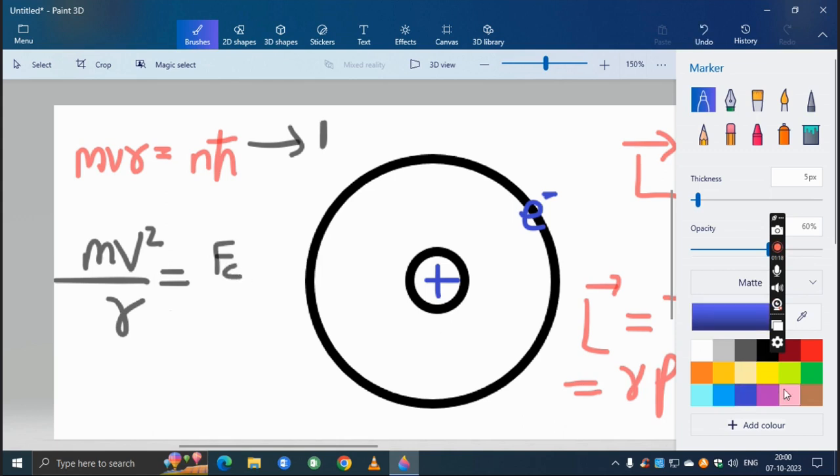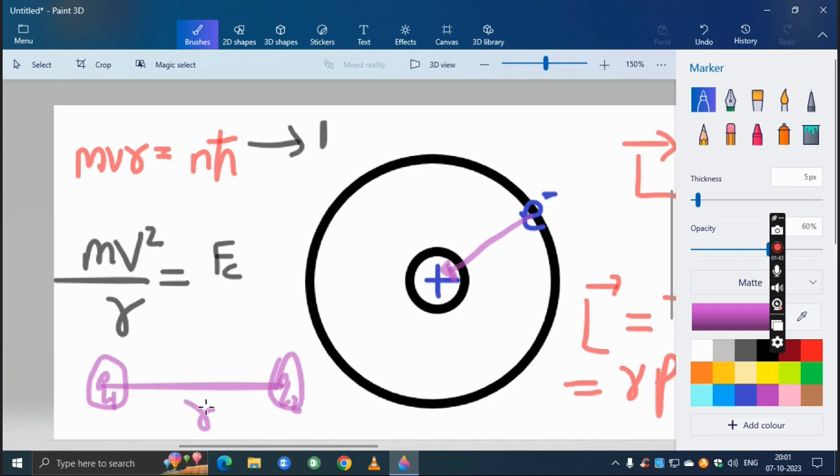And here comes the very interesting thing. What's the centripetal force over here? We have a negatively charged body, and here we have a positively charged body. If you've studied Coulomb's law well, or if you haven't, don't worry, I'm discussing it right now.